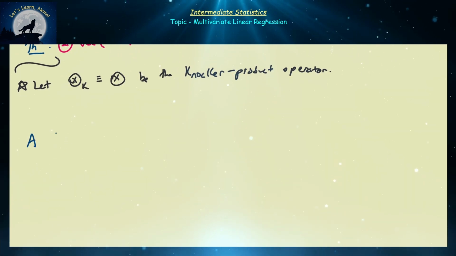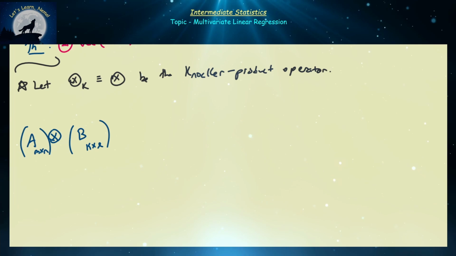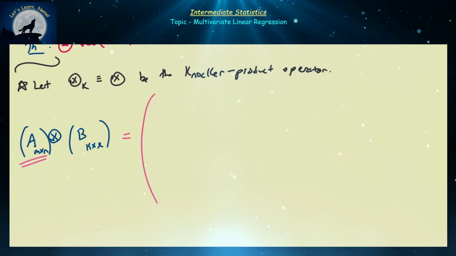So let's assume that I have A Kronecker product with B, and let's assume A is an M by N matrix and B is a K by L matrix. You can Kronecker product any two matrices regardless of their size, and you're always going to get another matrix back. The first matrix of interest is A, so you should already know what A looks like.